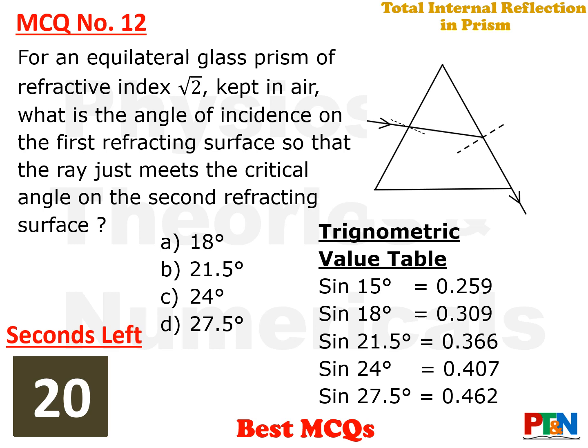But here the question is, at what angle it will create critical angle on the second refracting surface. 4 options are given. You may require some trigonometric values, so values are given here.